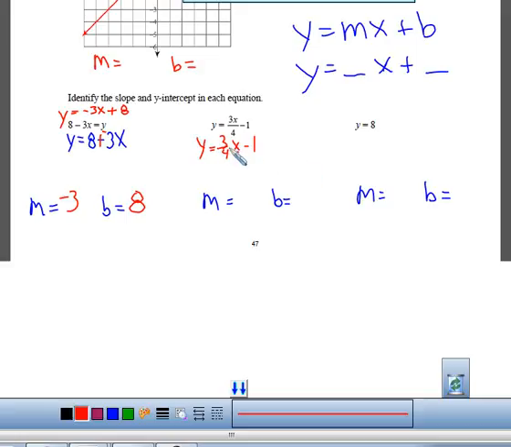But if I were to multiply the fraction 3/4 times the fraction x over 1, 3 times x is 3x, 4 times 1 is 4, 3x over 4. All I'm doing when I rewrite it like this is I'm kind of pulling it apart using my properties of multiplication that are legal in the math world. But this makes it easier to tell what my m is and what my b is. My m is 3/4 and my b is -1.